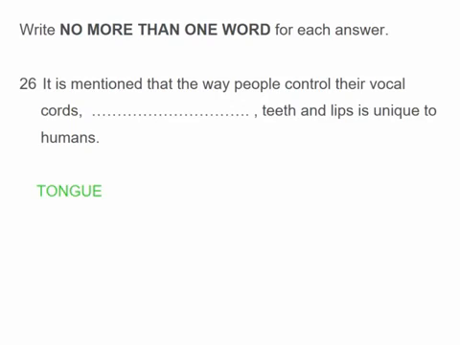Okay, so she starts off by saying that nothing else has so much control. Okay, so that means it's unique to humans, right? So there's your paraphrase there. But otherwise, we see this list of things basically stated in the same order and the same way as in the passage. So hopefully you caught that word tongue at the middle of the list.